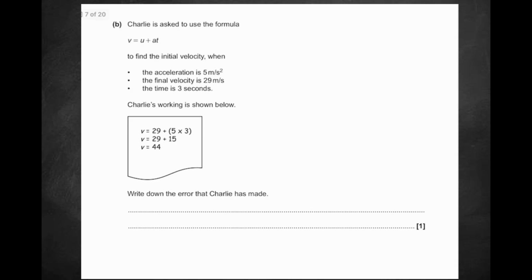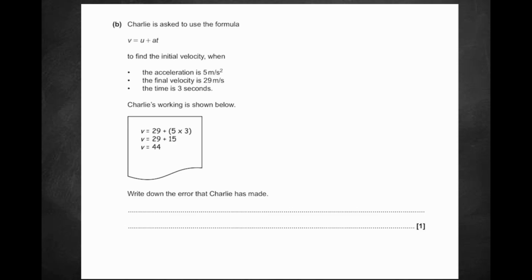Part B. Charlie is asked to use the formula v equals u plus at to find the initial velocity. When the acceleration is 5, the final velocity is 29, and the time is 3 seconds. Charlie's working is shown below. Write down the error that Charlie has made.